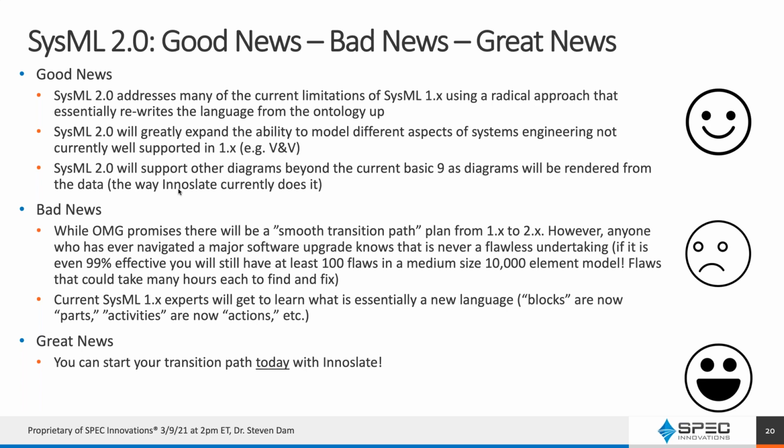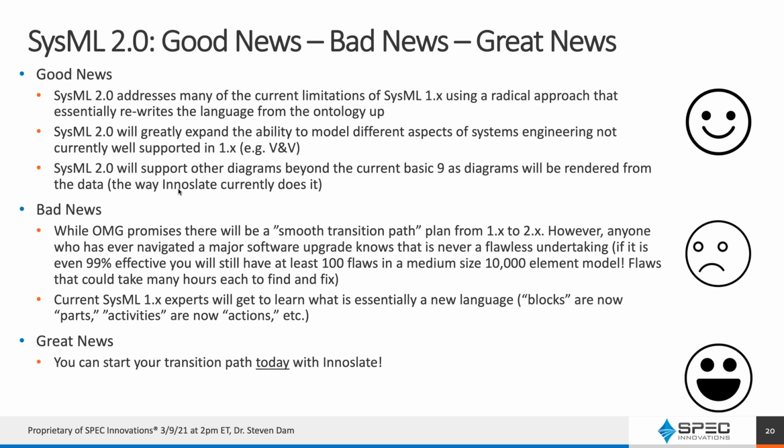While OMG promises there's going to be a smooth transition plan between the two, it's hard to imagine how, because if you've done any kind of major software upgrade, it's never flawless. And as Jerry's pointing out here, even if it's 99% effective, you have at least 100 flaws in a medium-sized 10,000 element model.